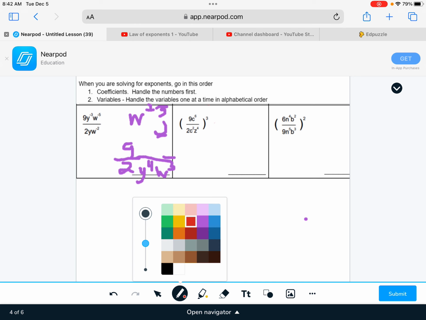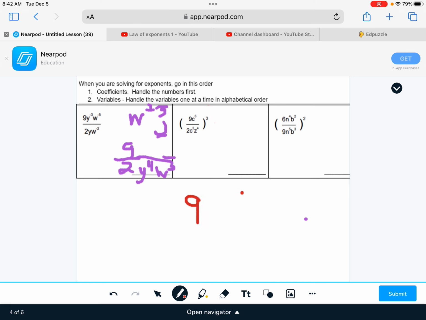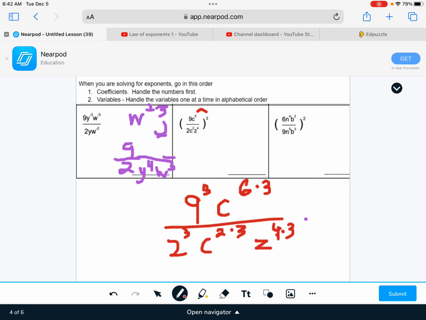You literally are going to go 9 to the 3, 6 times 3, because when you're having this exponent applied here, you're going to multiply those exponents together, over 2 to the 3, c to the 2 times 3, and z to the 4 times 3. Literally, that 3 gets applied into everything first, and then we can take care of those exponents.